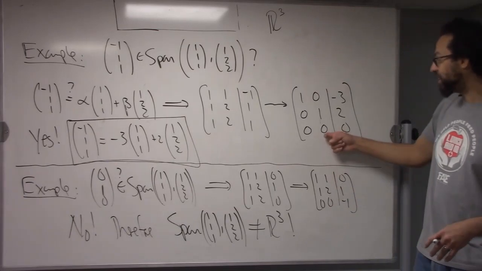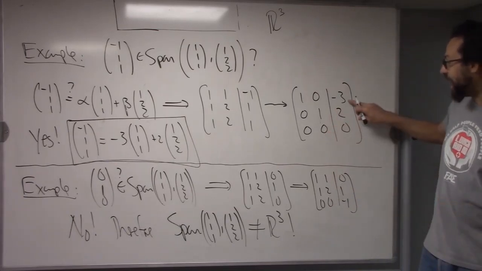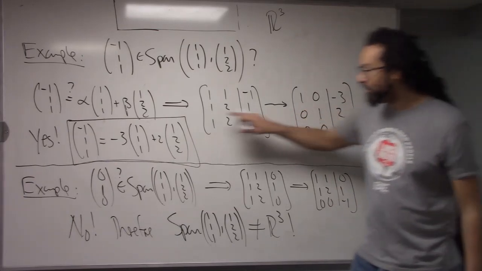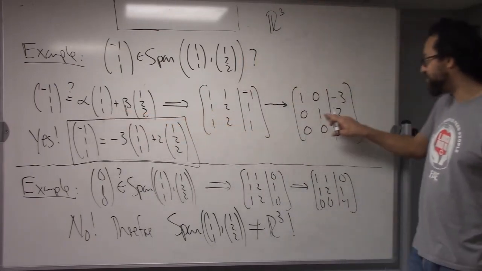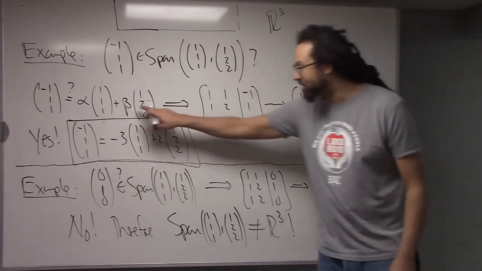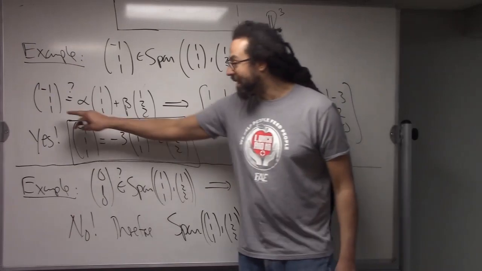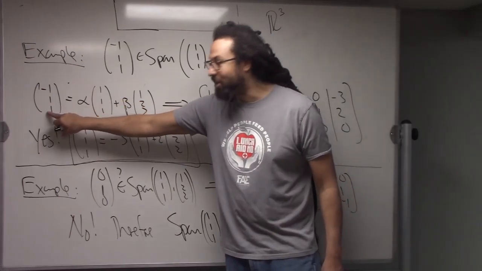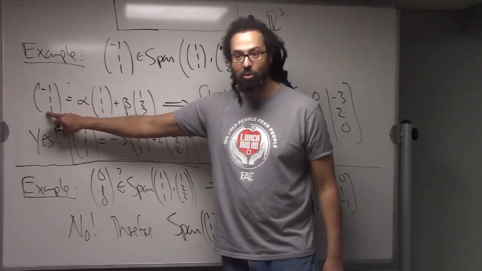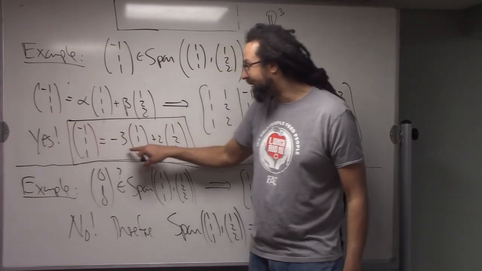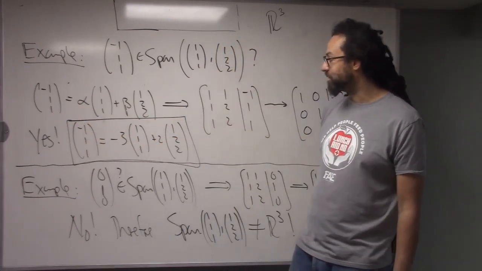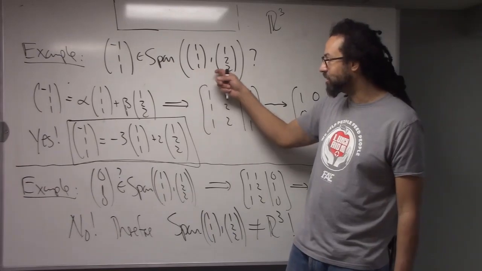And you can see here that yes, we do get solutions. Alpha is negative 3 and beta is equal to 2. So the answer is yes, right? We can write (-1, 1, 1) as a linear combination of these two vectors in the span.